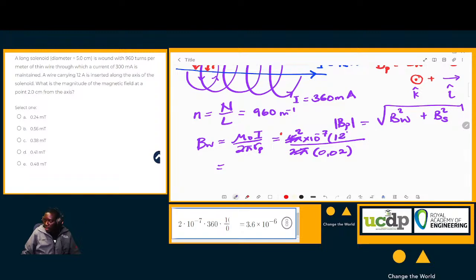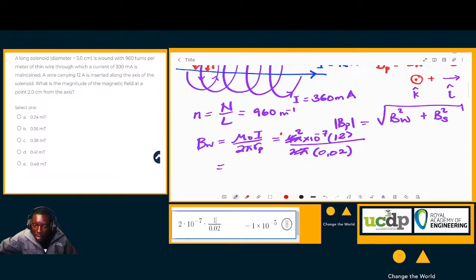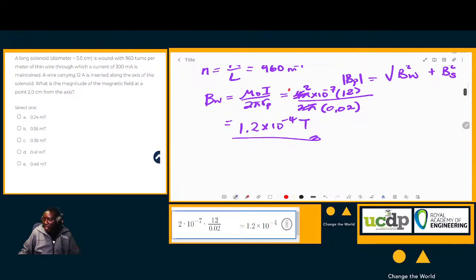The correct current there is 12, so we use 12 in this expression, not 360 milli. So we put a 12 there. 1.2 times 10 to the negative 4 Tesla. That's the value of BW.